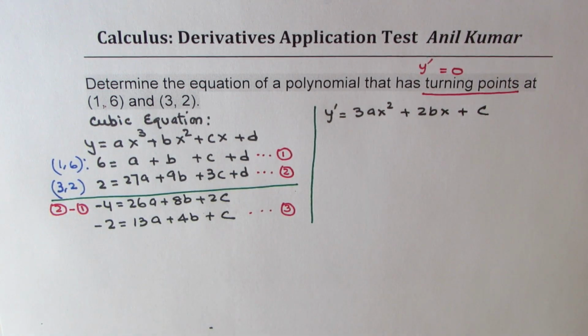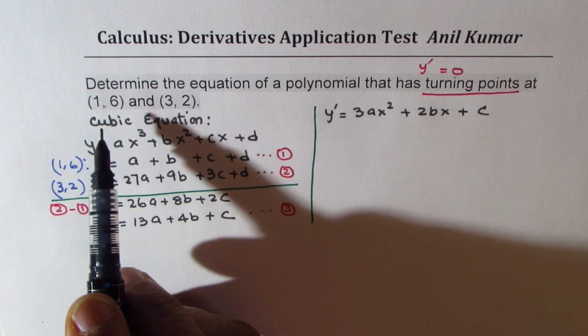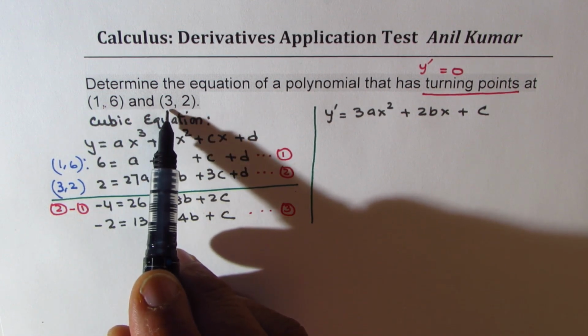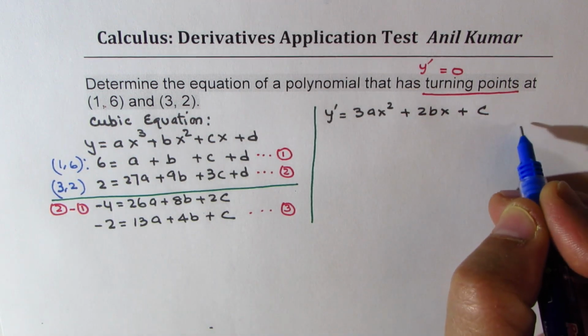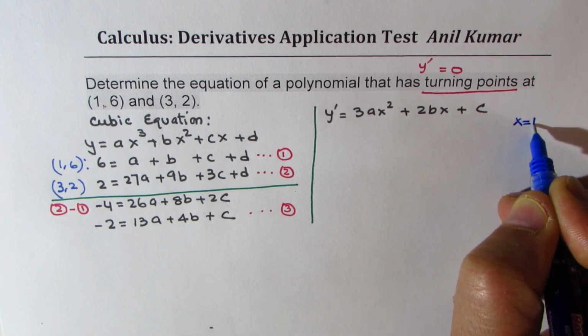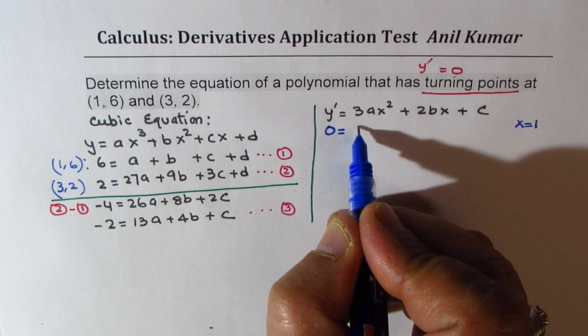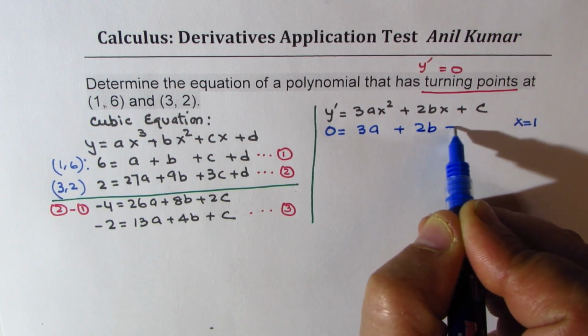That's the derivative. And we know this derivative is 0 at x equals 1 and also at x equals 3, since they are turning points, right? So at x equals 1, this is 0. So we can write 0 equals, substituting 1 here, 3a plus 2b plus c.